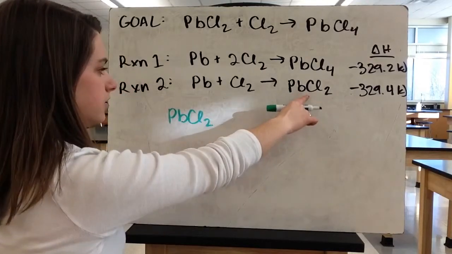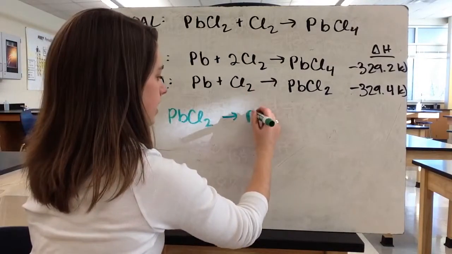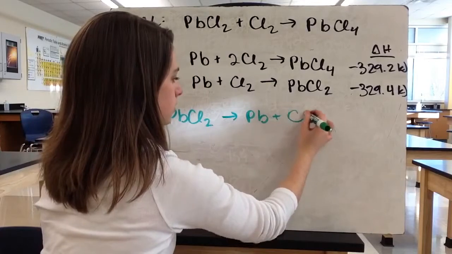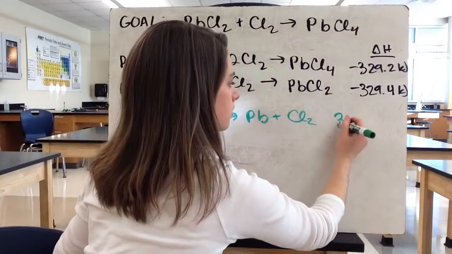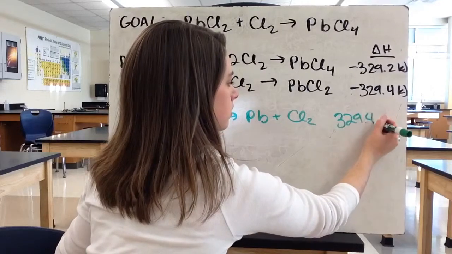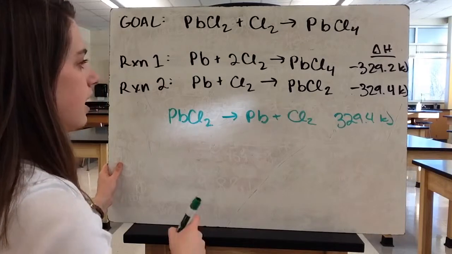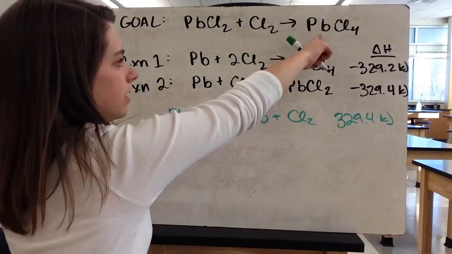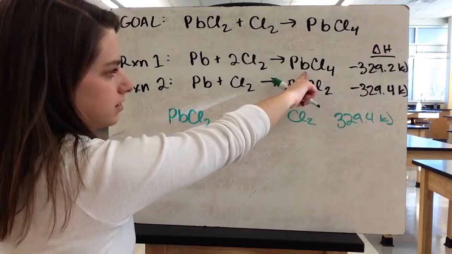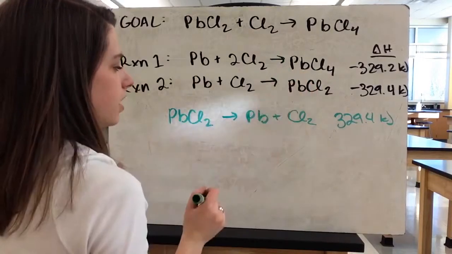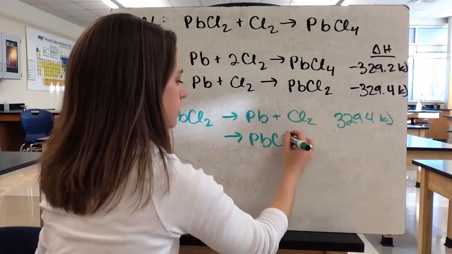So my lead 2 chloride is going to become my reactant, and my lead and my chlorine gas are going to become my products, which means I need to flip the sign on my delta H. And then I also noticed that I need lead 4 chloride as a product. My first reaction is the only one that has the lead 4 chloride, and it's already as a product. So I'm going to go ahead and just copy that reaction down as it is.